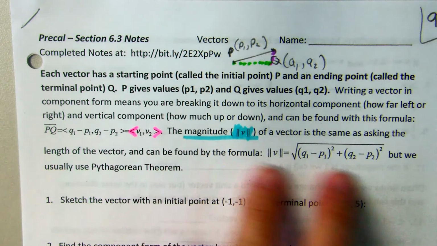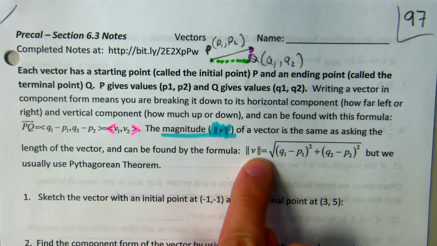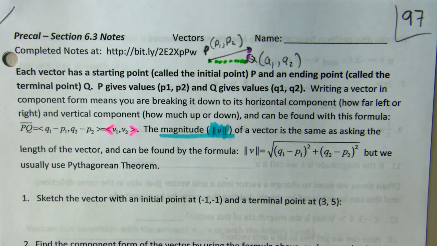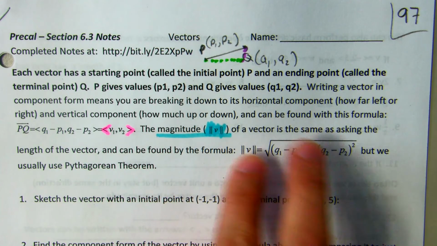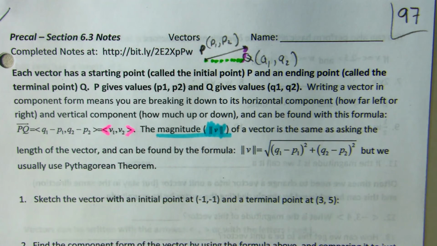Right, well, if you've got 2 points, you could plug them into this formula, and that would give you the magnitude. Does anyone recognize this formula? It's the distance formula, right? Hopefully you know that for ACT. If you have 2 points, the distance between 2 points is the same thing as that length, and the length would be the magnitude of the vector.